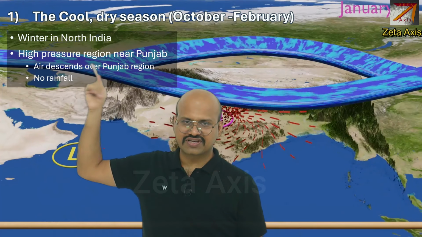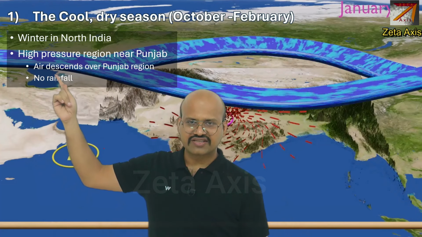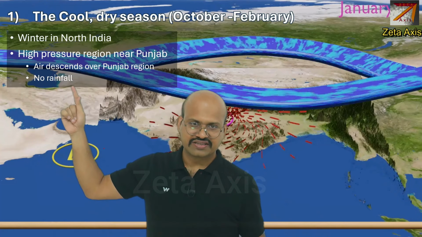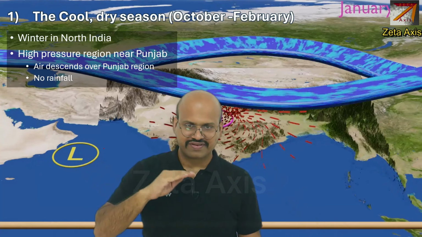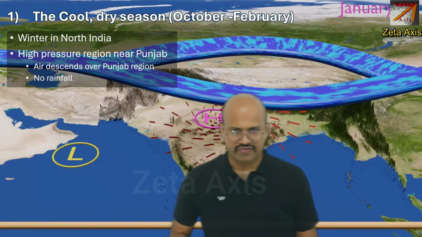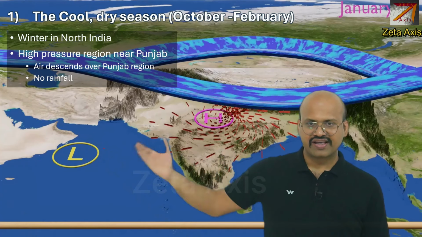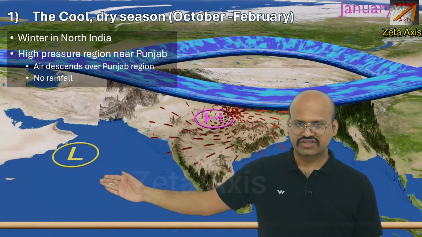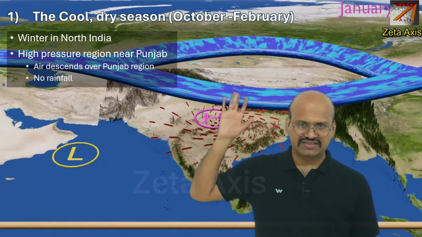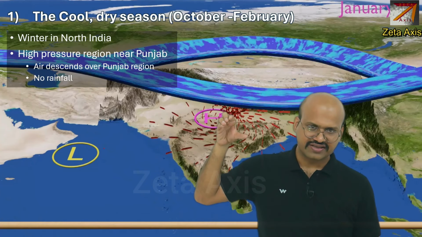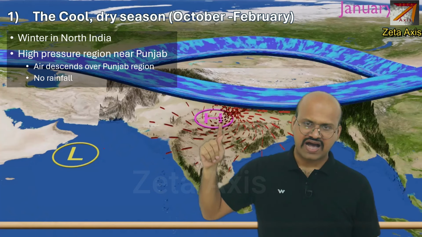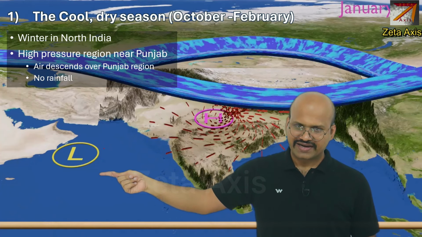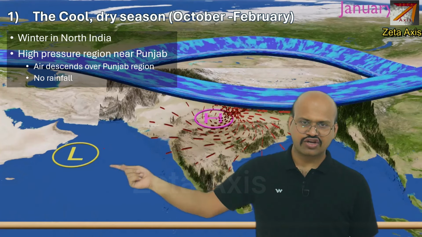There is a high pressure region near Punjab, and air descends over the Punjab region. Thus, these particular winds will not give any rainfall. Moreover, they create high pressure over the land and low pressure over the oceans. Remember, this is relative. Since the pressure increases here, it will be relatively higher than the pressure over here. That is why it is indicated as high pressure and low pressure.